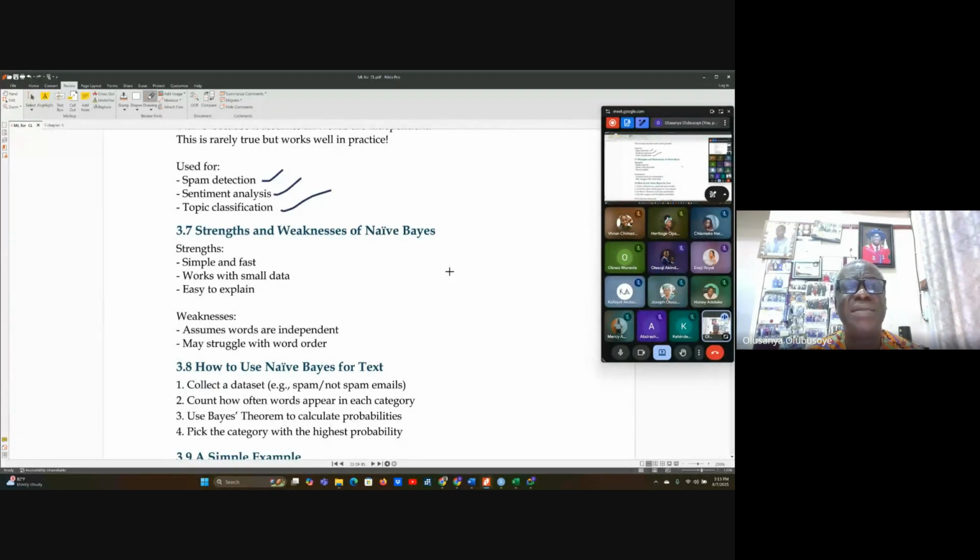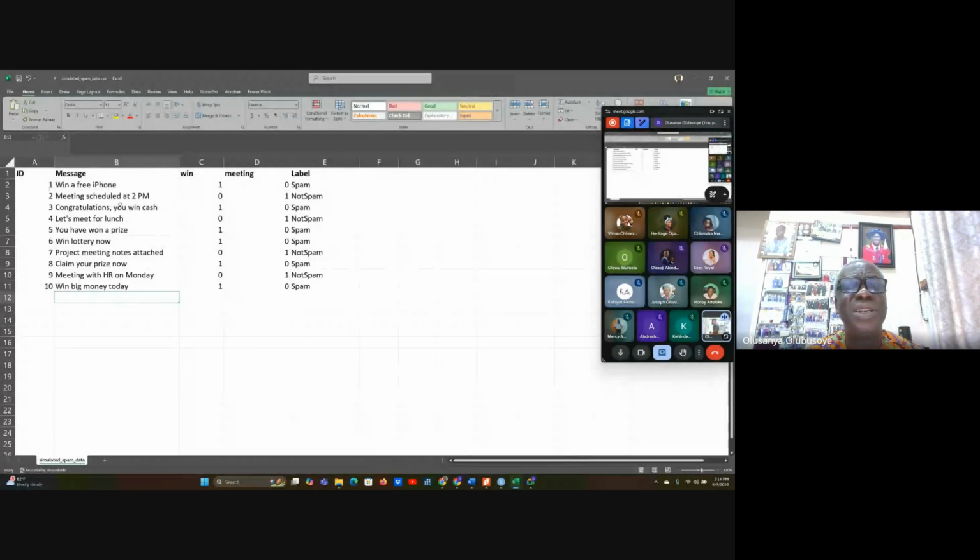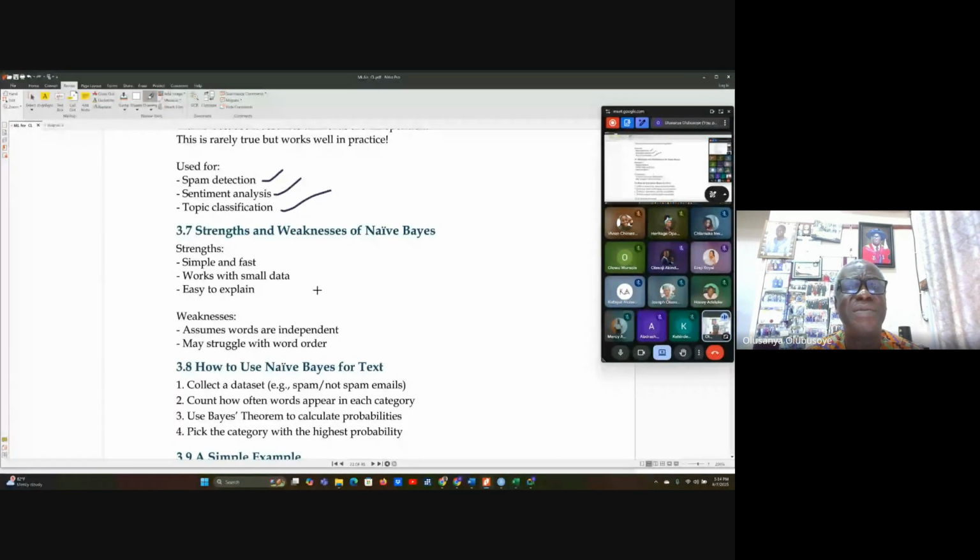But what are the strengths? What are the weaknesses? As you will see, it's very simple and fast because the formula is very simple, unless you want to think otherwise. And we can use it for small data as well as for large data.